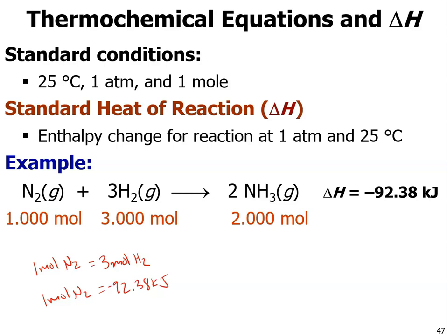We'll release negative 92.38 kilojoules. 3 moles of H2 will release 92.38 kilojoules of energy. So these are all things that now we can use as conversion factors when we're trying to solve problems using stoichiometry and thermochemical reactions with delta H values.